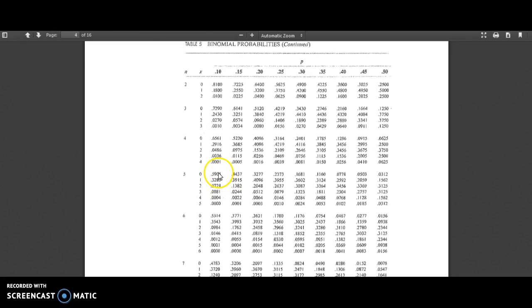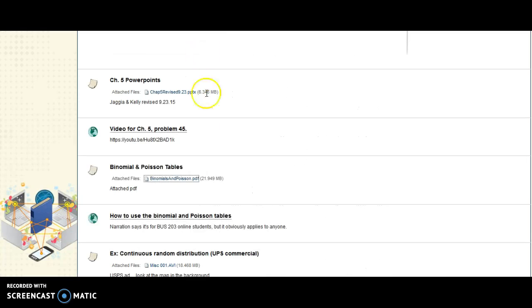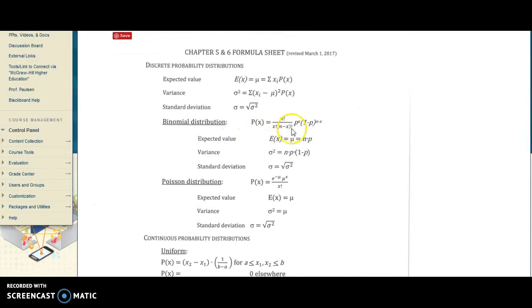That's 1 and 0, so you would add those two together. That's how the binomial tables are extremely helpful as opposed to using that big formula. Please be aware that the binomial tables are available to you on Blackboard, and you should use them during the test. It might help you to print those out as opposed to trying to look at them on the screen while you're taking the test.